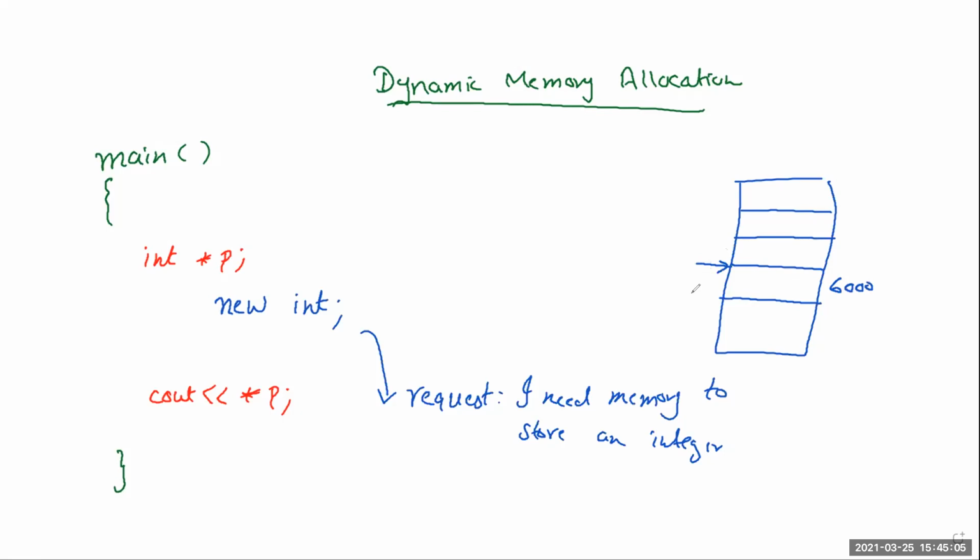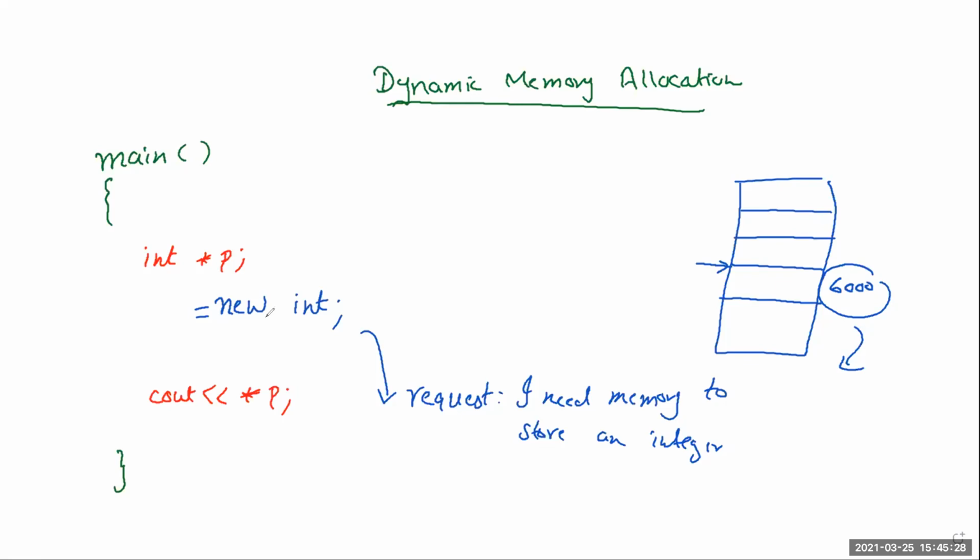But when we reserve something, we should know where it has been reserved. If you reserve a room in a guest house, you need the address so that you can arrive there. Similarly, when you make a request, it will reserve 4 bytes for you, and it will return the address of those 4 bytes to you so that you can store it.